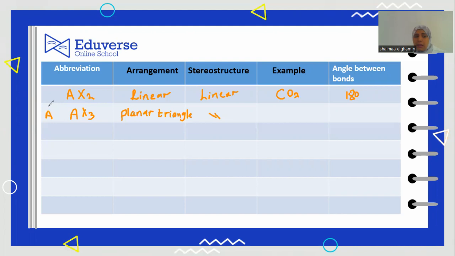It's A, the central atom, surrounded by X from all directions. Here, example, BCl3. Boron is an atom which is satisfied by having only 6 electrons surrounding it. The angle between them is 120.